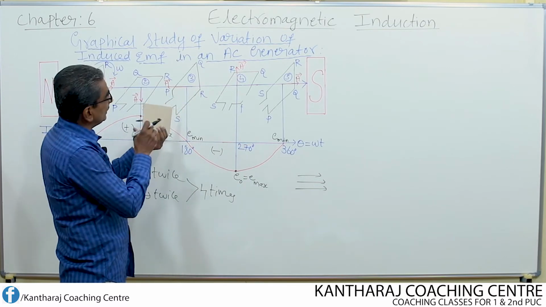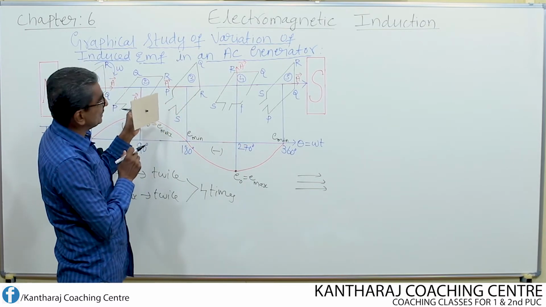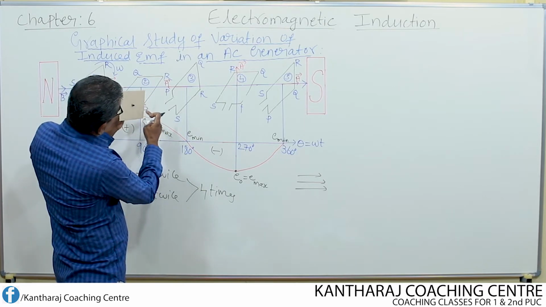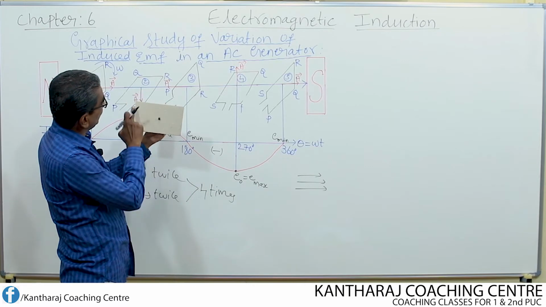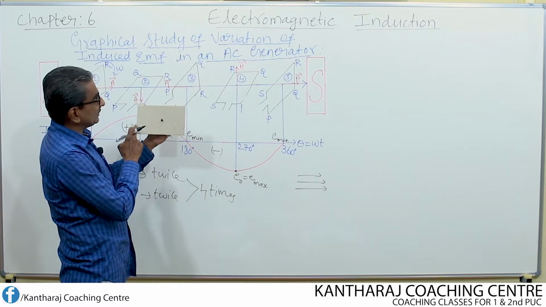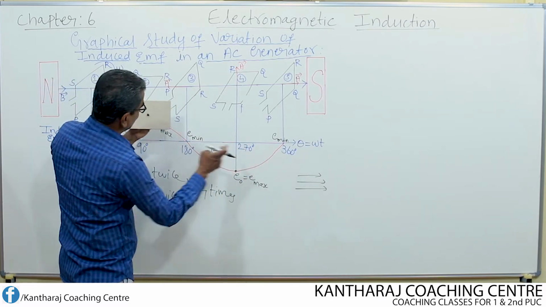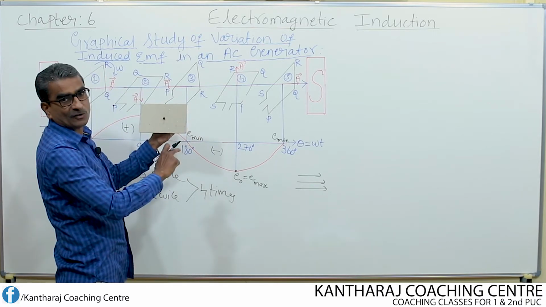During the off cycle, if the induced EMF is in the clockwise direction from 0 to 180 degrees, then from 180 degrees to 360 degrees it will be in the anti-clockwise direction.